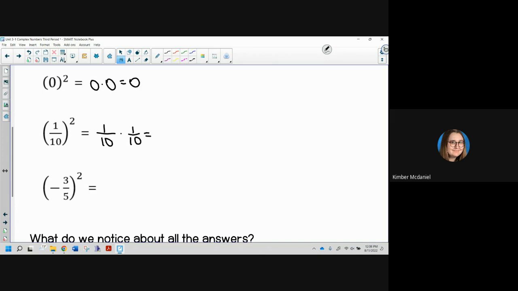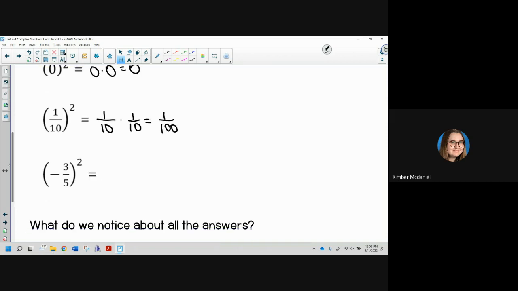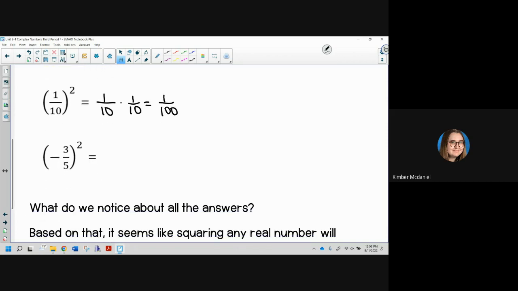Multiplying straight across gives us 1 over 100. Lastly, negative 3/5 squared would be negative 3/5 times negative 3/5. A negative times a negative is going to be a positive 9 over 25.